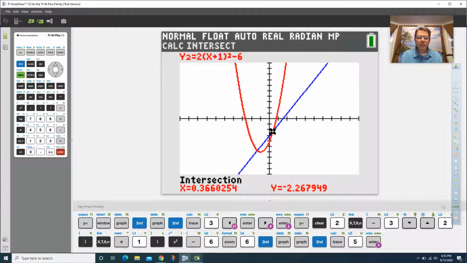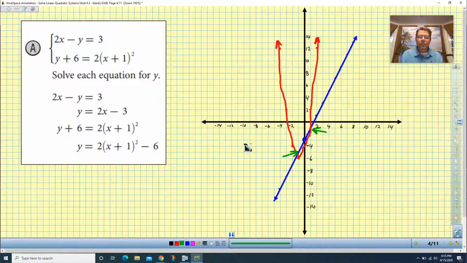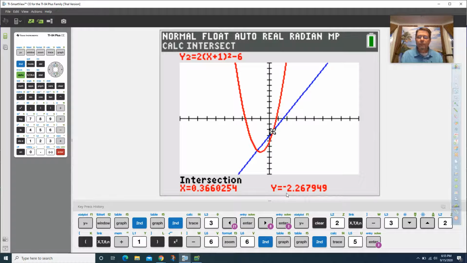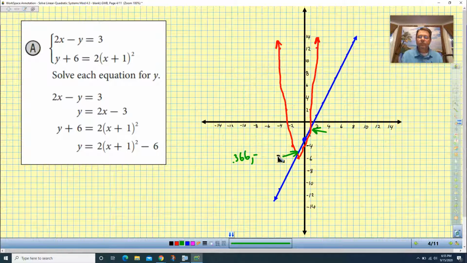So 0.366 comma -2.268. So that's one solution.